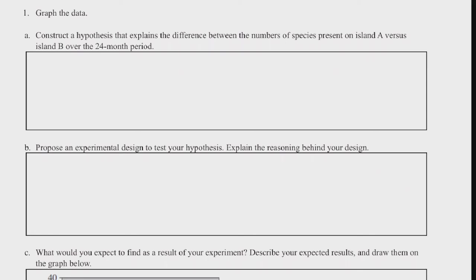One hypothesis was that the snake was a keystone species. Another was that a competitor on Island A dominated the other species.